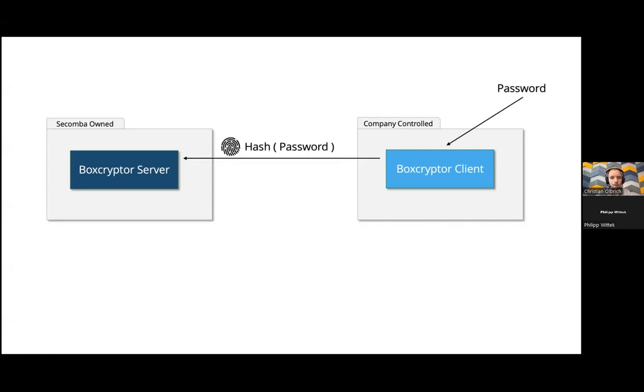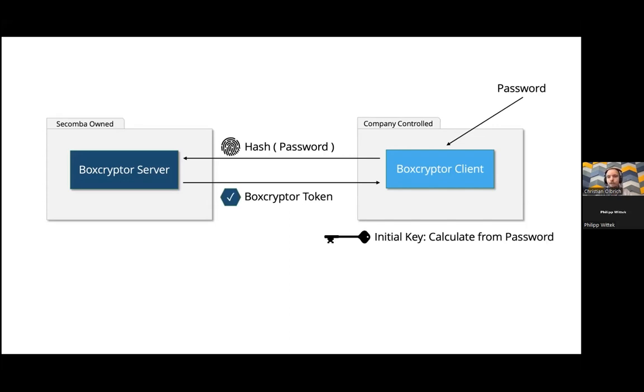We do this by sending a fingerprint, a so-called hash, to the Boxcryptor server. This allows us to authenticate the user while not actually getting to know the password. You can calculate a hash from the password, but you can't reverse-calculate it.